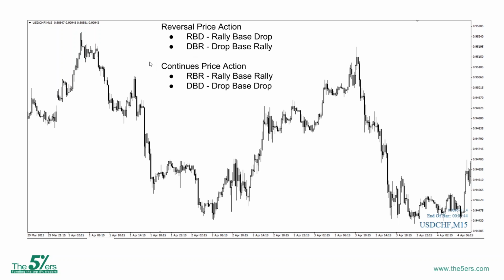And we also have the continuation price action, which is drop, base, drop, and rally, base, rally. So these are situations of continuation, but if you look at them, they all have the ingredients that we just talked about in the last slide.